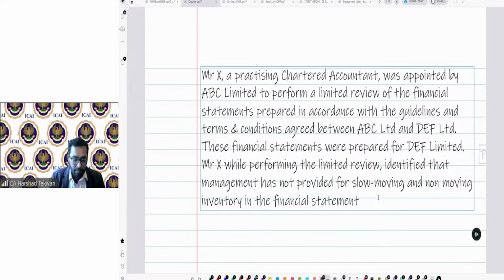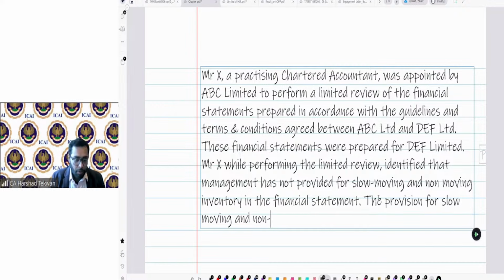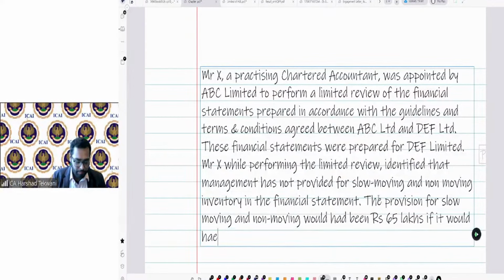The provision for slow moving and non moving inventory would have been rupees 65 lakhs, if it would have been provided in the financial statements.